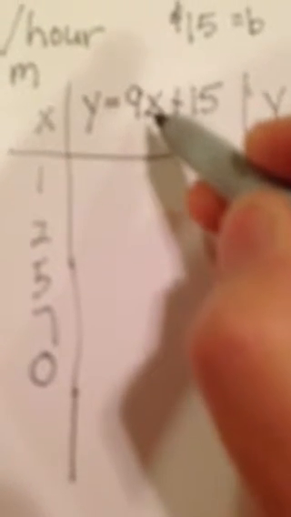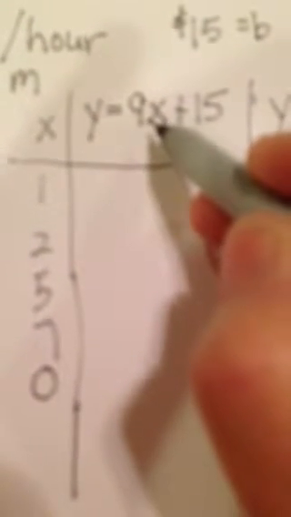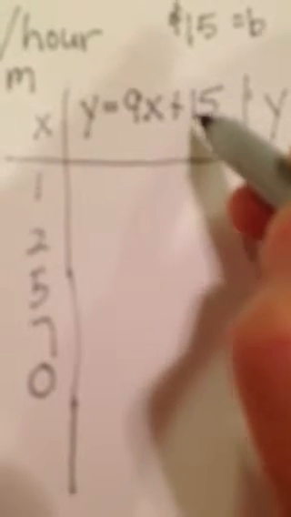We're going to plug those values into our equation. You know what? I'm going to say let's let X be 0 hours. And that's the point where he drives to your house. He hasn't spent any time repairing your computer, but already you have to pay $15 because he drove to your house.